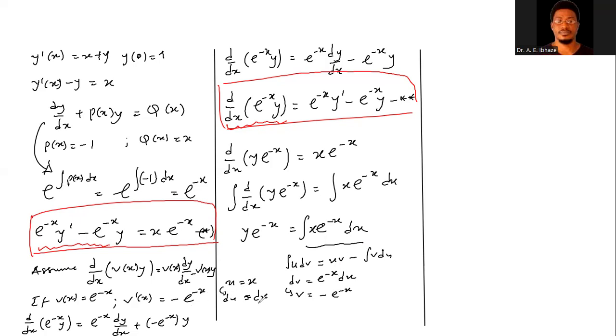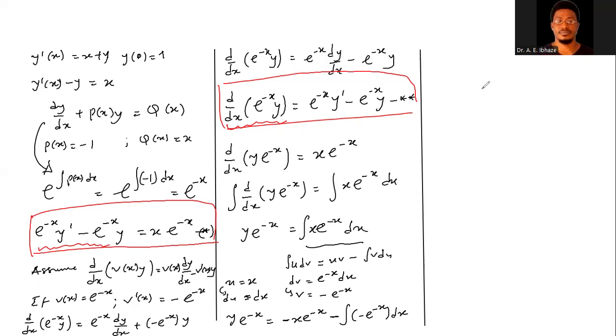So when we substitute all of these expressions into this, then what do we get? We now see that y e to the minus x is the same as uv, that will be minus x e to the minus x, minus the integral of v du, which is minus e to the minus x dx.